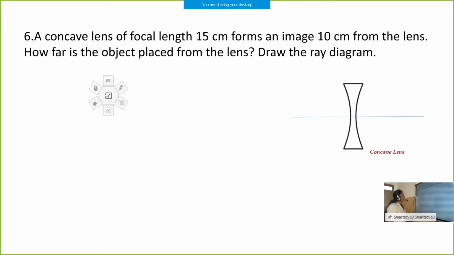How far is the object placed from the lens? Draw the ray diagram. So here what are the given values?